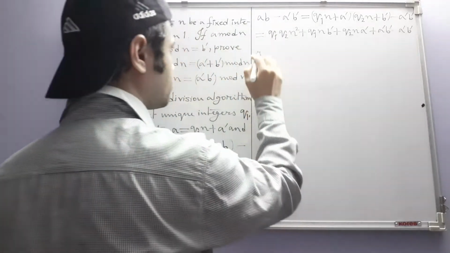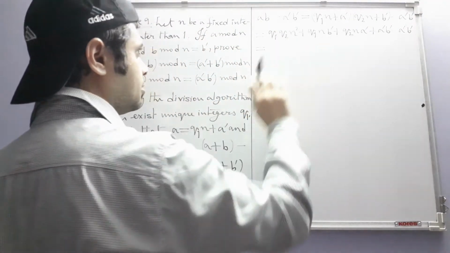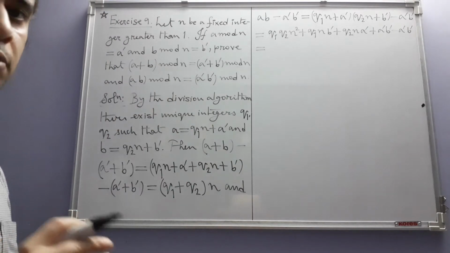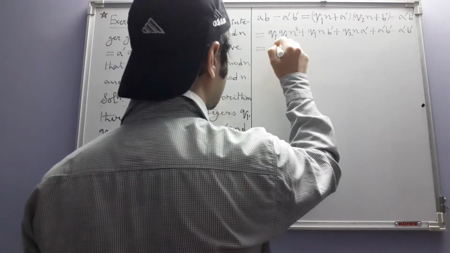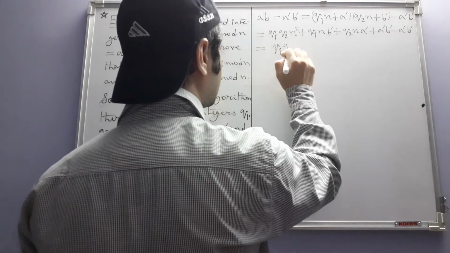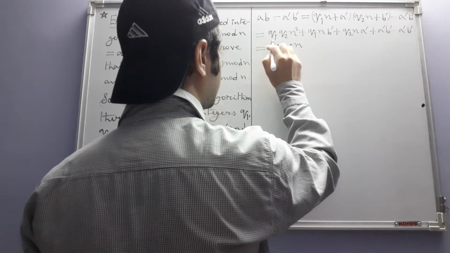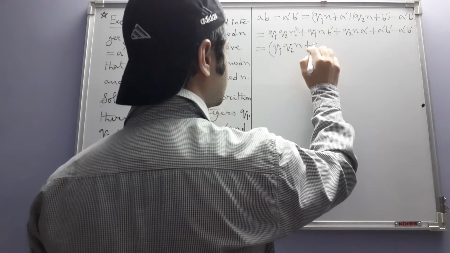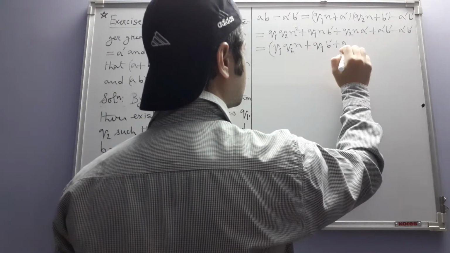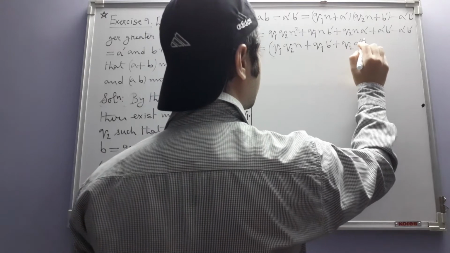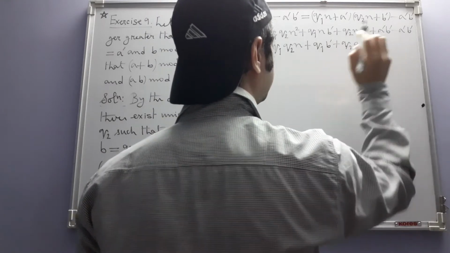So these two things will cancel out, and in the remaining terms in each one of them we have n. So we can take n common out. Doing that will give us q1 q2 n plus q1 b prime plus q2 a prime times n.